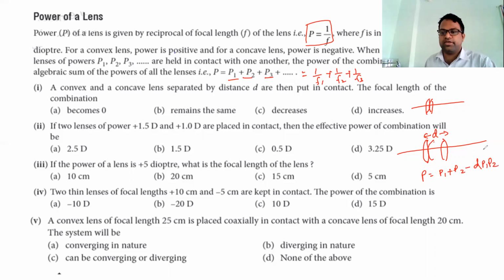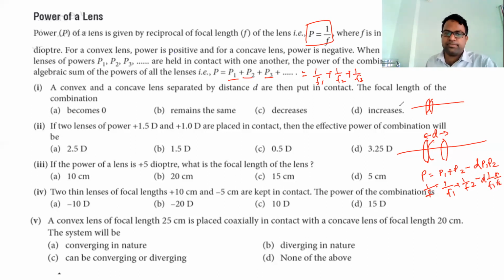This is the formula if lenses are separated by a distance. In terms of focal length, 1 by f of the system is 1 by f1 plus 1 by f2 minus d into 1 by f1 into 1 by f2. Right, this is the basic formula.